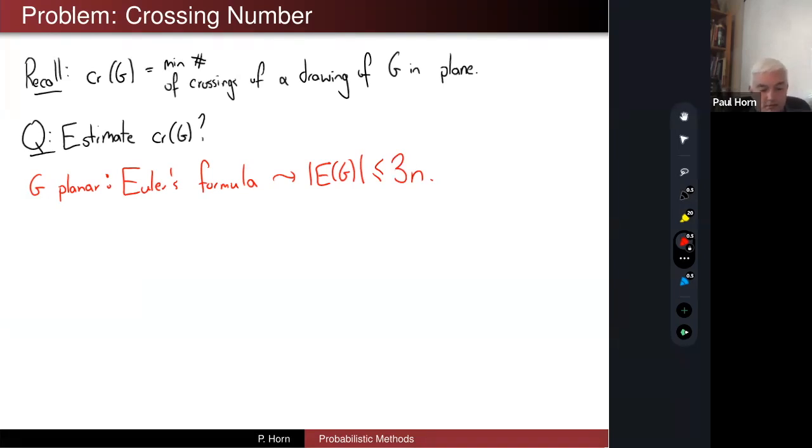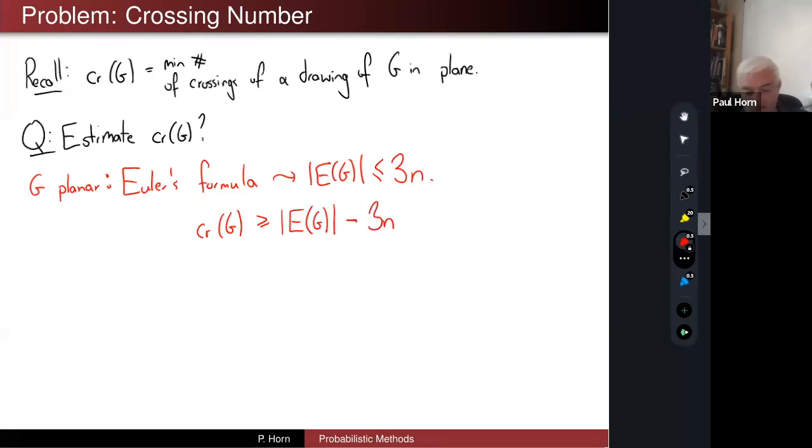And this already gives a bound on the crossing number. It gives a lower bound: the crossing number of any graph G is at least the number of edges of that graph minus 3n.